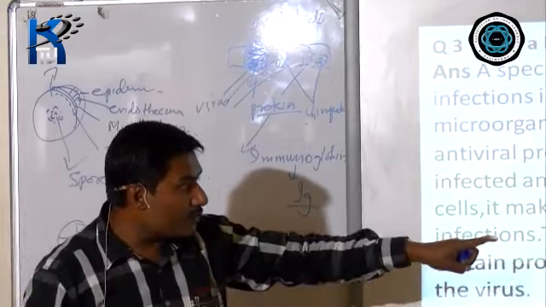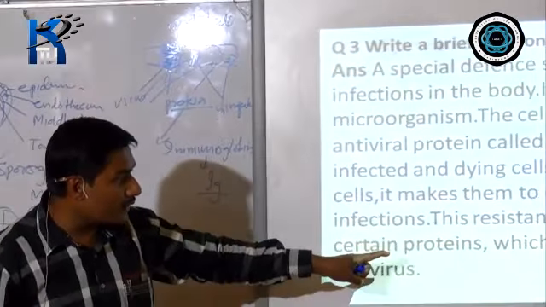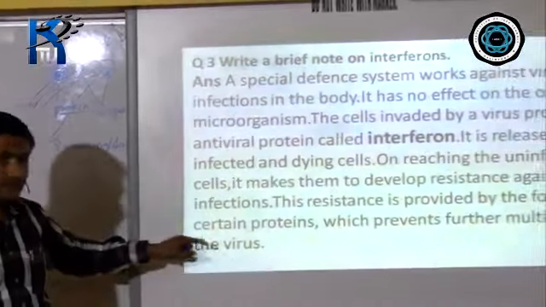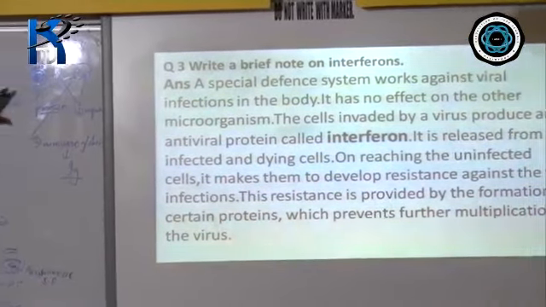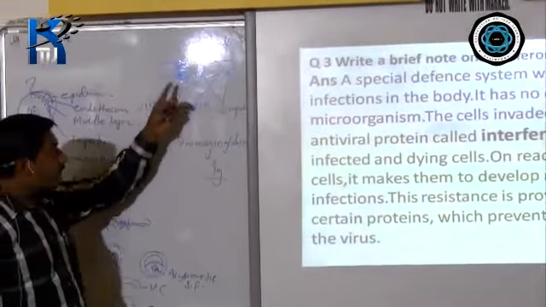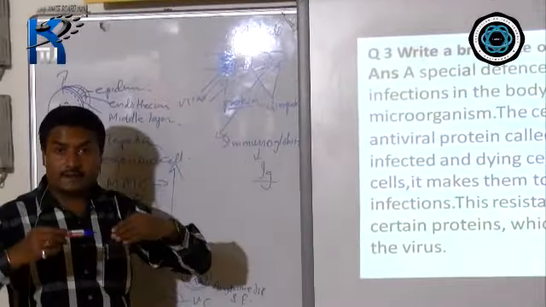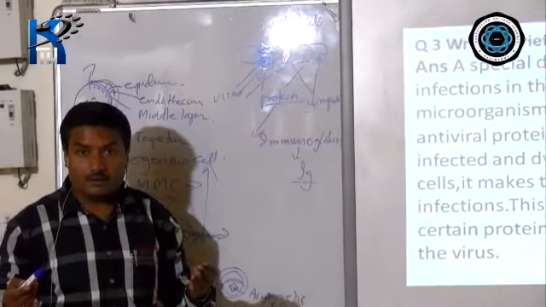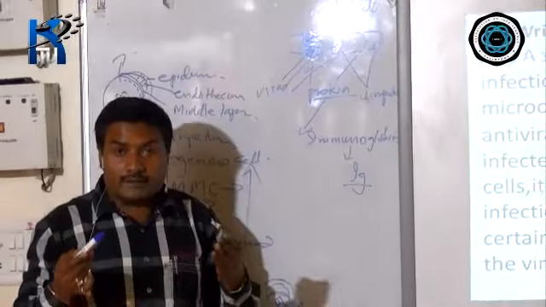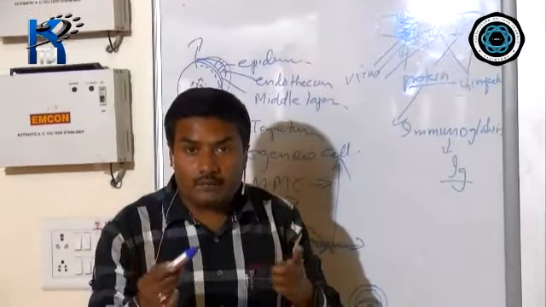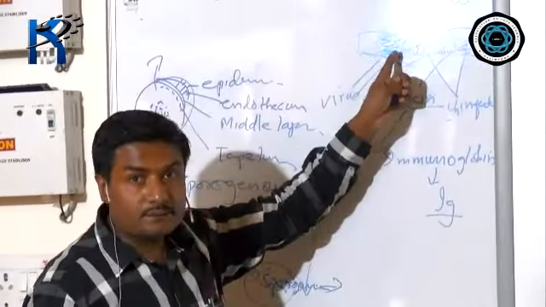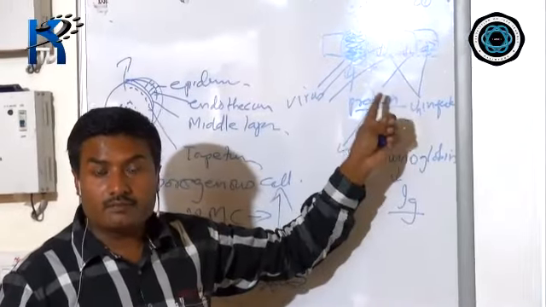This resistance is provided by the formation of certain proteins which prevent further multiplication of the virus. That means when the virus is multiplying and trying to cause damage to the other cells, they become prepared, and the other cells get a chance to prepare only when these infected cells produce an interferon chemical compound.